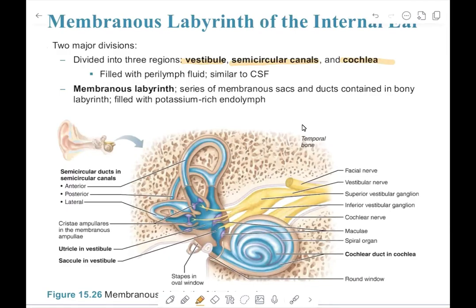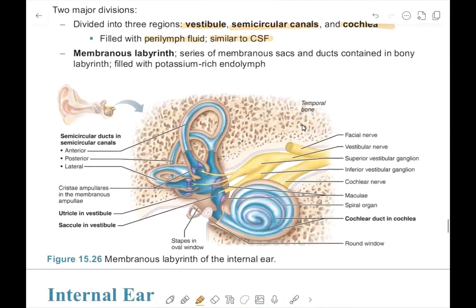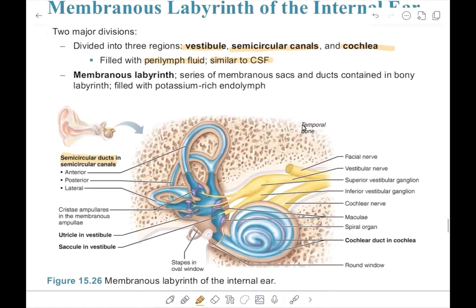These regions are filled with fluid, which is similar to cerebral spinal fluid, and they're involved in transmitting along that auditory pathway. So we can see the semicircular canals shown here. They go in three different directions. The vestibule is here. The utricle and saccule are the receptors in them. And then finally, the cochlea, the very inside of it has receptors called the spiral organ.